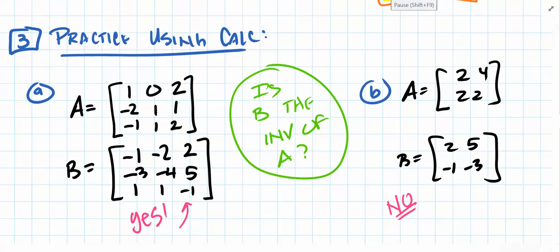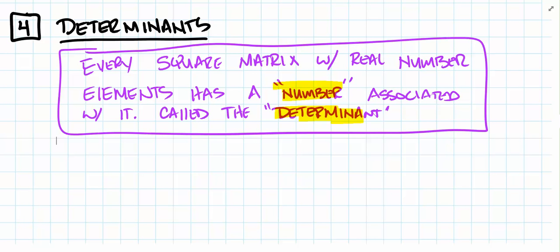So every square matrix, so the matrix has to be square, with real number elements, so that means we don't have any complex numbers in there, just real numbers, has a number that's associated with that particular matrix. We call that number the determinant. Now, a loose interpretation of this is kind of like we all, as Americans, have a social security number, right?